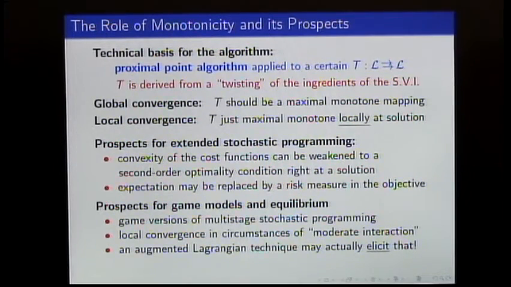And then, of course, we want to go beyond just optimization. One of the big motivations for stochastic variational inequalities is that you want to solve game models and equilibrium models, competitive models. So imagine, for example, that we have a game version in which you have different players and each one is solving a multistage stochastic optimization problem, but they are somehow interacting.